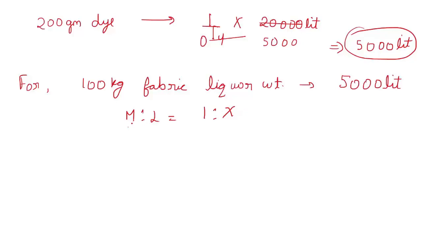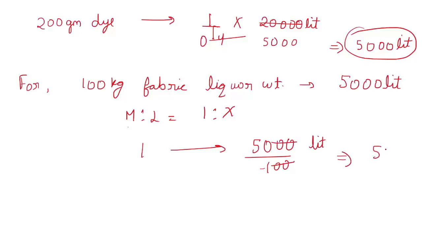So if we say that the fabric weight is 1 kg, then what is the weight of the liquor? We can say that for 100 kg fabric weight, the liquor weight is 5000 liters. So for 1 kg weight, the liquor weight is 5000 upon 100 liters, so it is 50 liters.